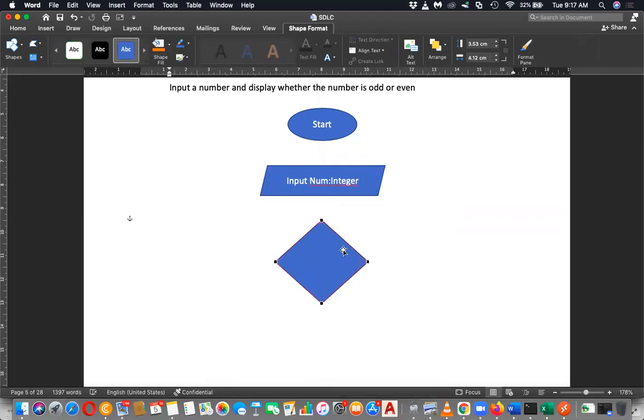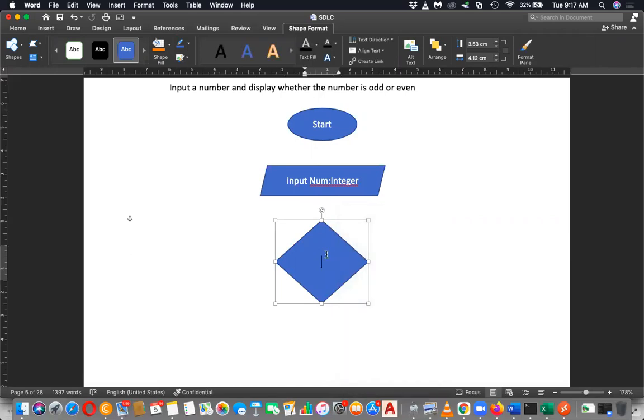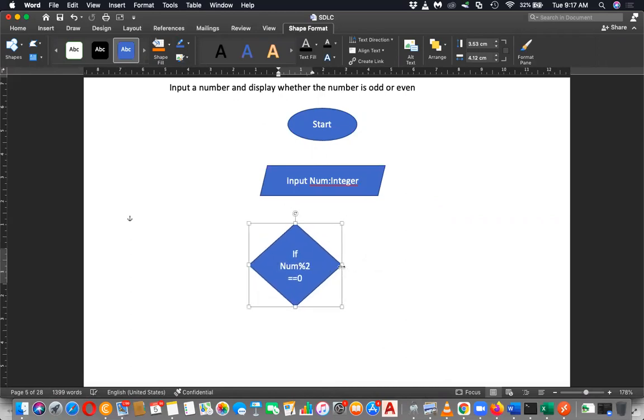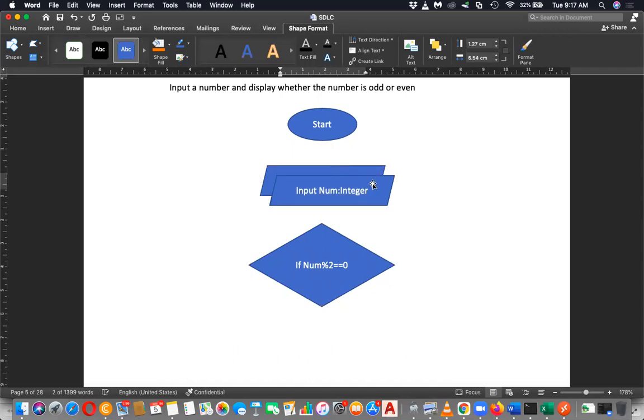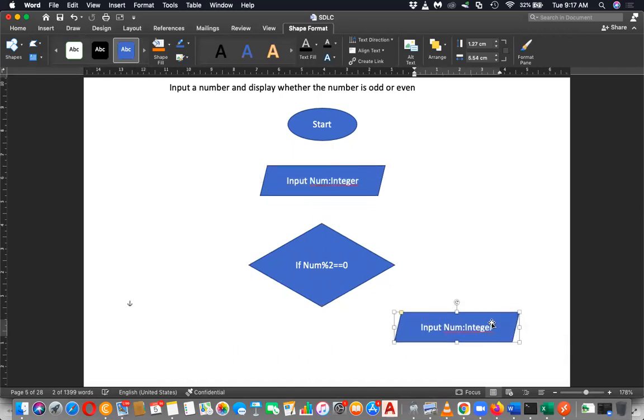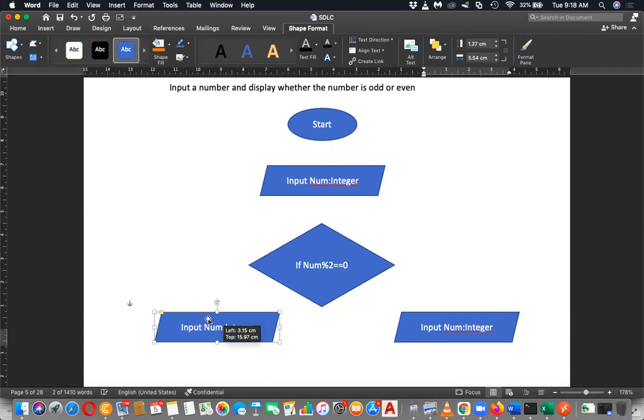If num percentage 2 equals 0. You read that not as percentage but modulus. If num modulus 2 is equal to 0, it means after dividing, the remainder is 0. If remainder is 0, you have to print even, and if not, you have to print odd.